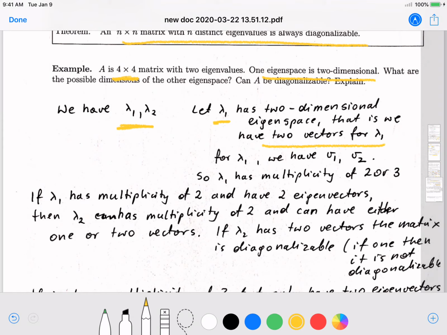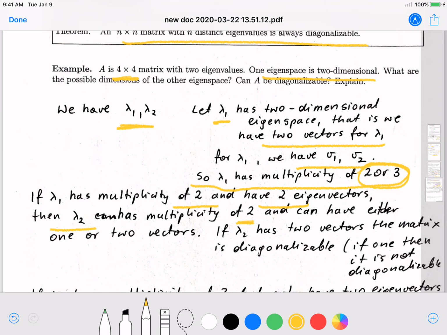Because we can have two eigenvectors. If the multiplicity is 3, we can have 3 eigenvectors, 2 eigenvectors, or 1 eigenvector, always less. So for lambda 1, we have v1, v2. Lambda 1 has multiplicity 2 or 3. If lambda 1 has multiplicity 2, we have 2 eigenvectors, and then the other one needs to have multiplicity 2.